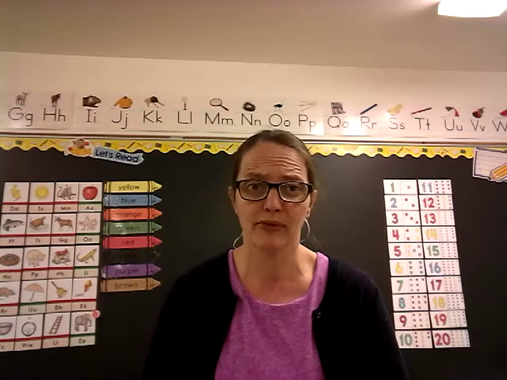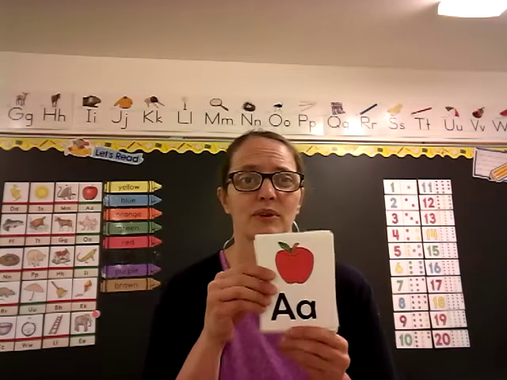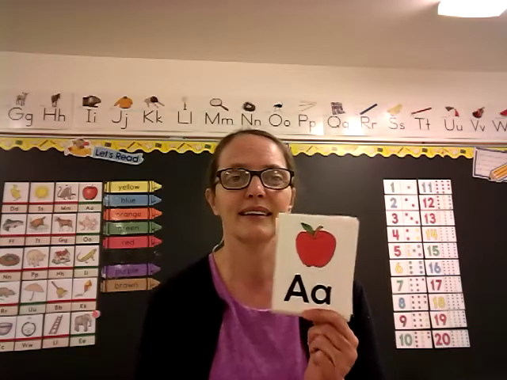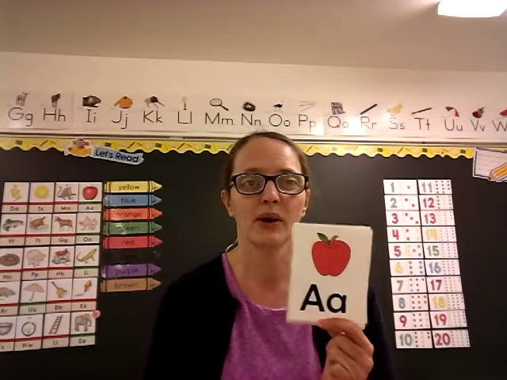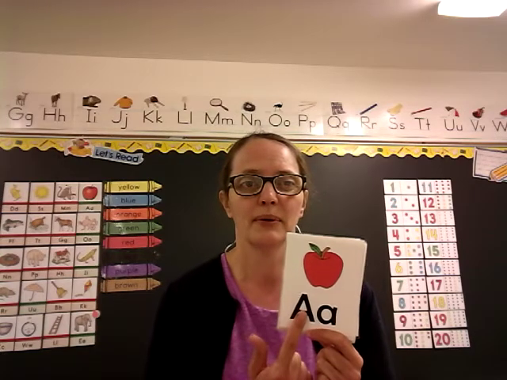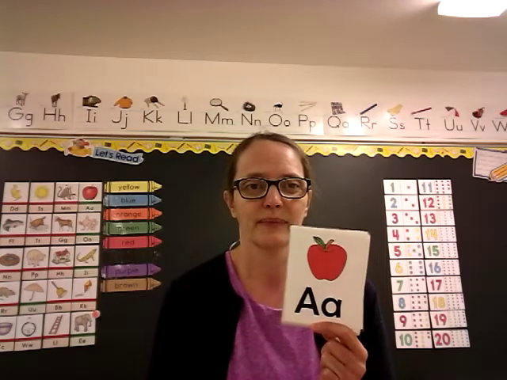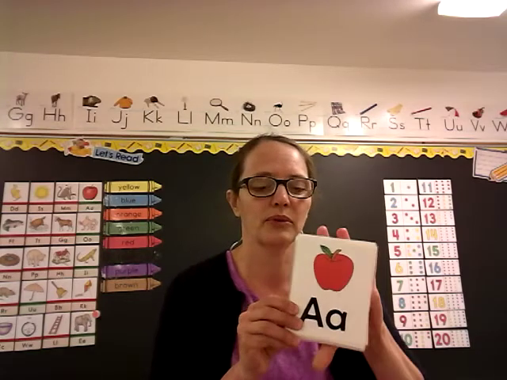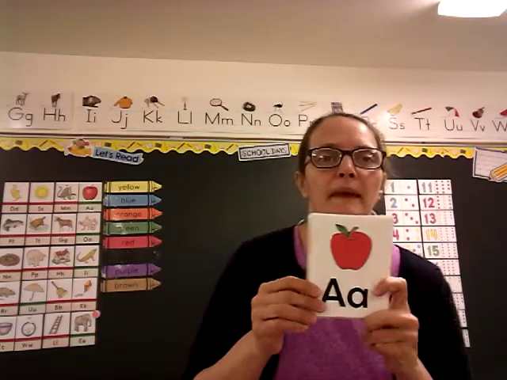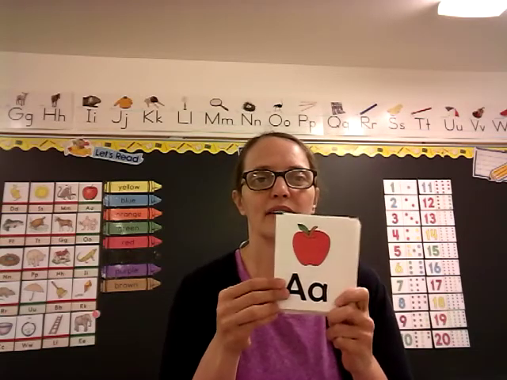And I found some different flashcards, still some more different ones. Do you like these? Let's go through all of our letters. This has the upper and the lowercase, and it also has a picture to go with it. Okay, we're going to go through all of them. Are you ready? Help me, children, all together.